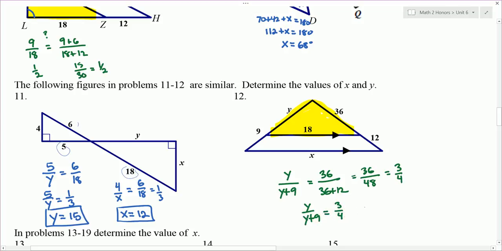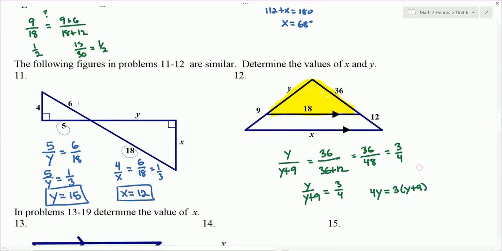If you cross multiply, you get 4 times y is equal to 3 times y plus 9. Distribute. Subtract 3y and you end up with y is 18.